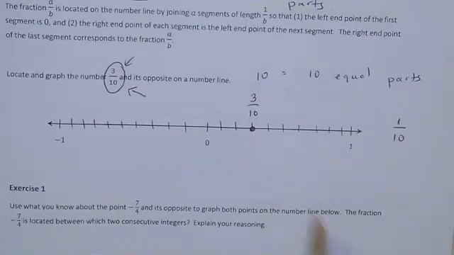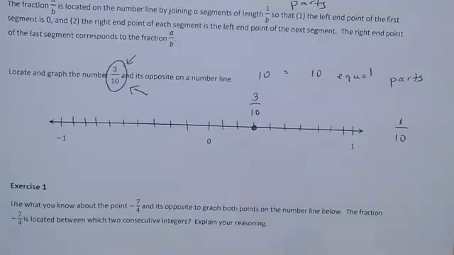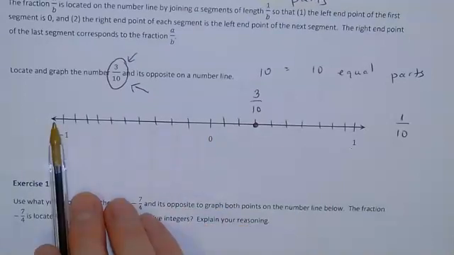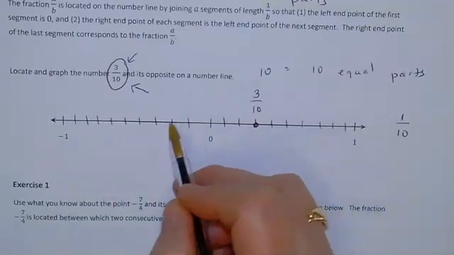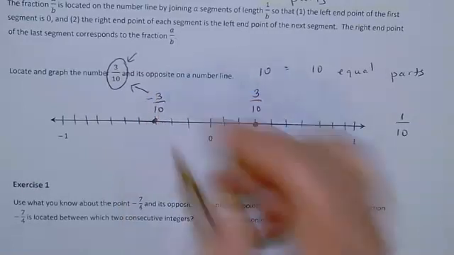Now, what's going to be the opposite of 3/10? Izzy? Negative 3/10. So any number and its opposite, we know they're on opposite sides of 0, and they're the same distance away. So now I'm going to count this way how many times? 1, 2, 3, and this would be negative 3/10.